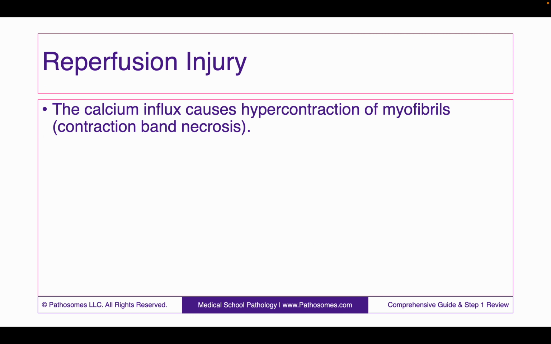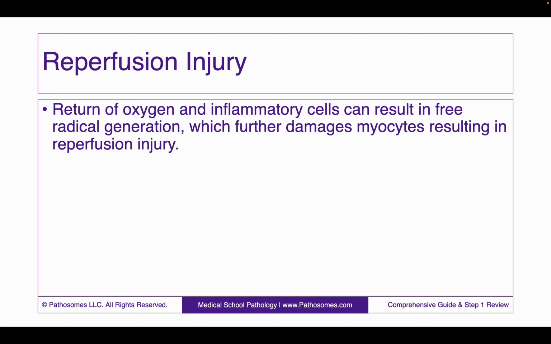The calcium influx causes a squeeze, a hypercontraction of the myofibrils. Therefore, there will be this contraction band necrosis. The return of oxygen and inflammatory cells can result in free radical generation, which further damages the myocytes, resulting in reperfusion injury.